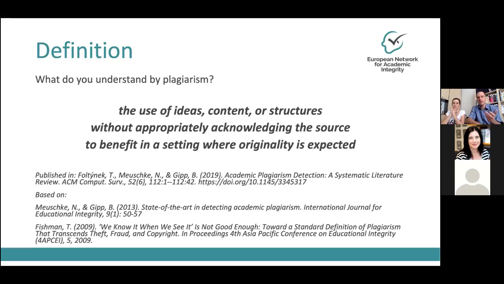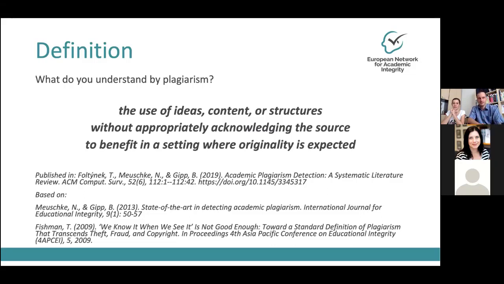Plagiarism happens only if the original source is not acknowledged properly. And also an important aspect is the expectation of originality. If someone wants to benefit by copying when originality is expected, then it's plagiarism.